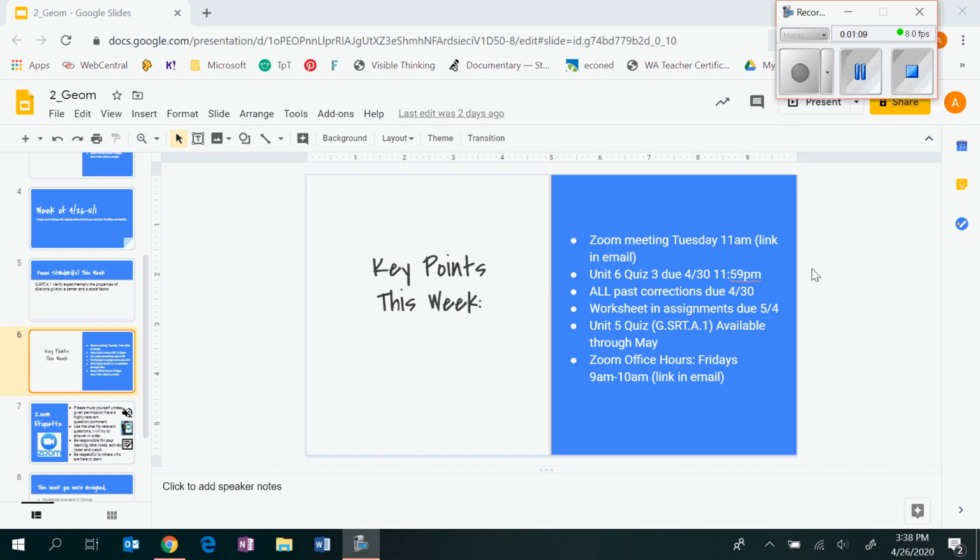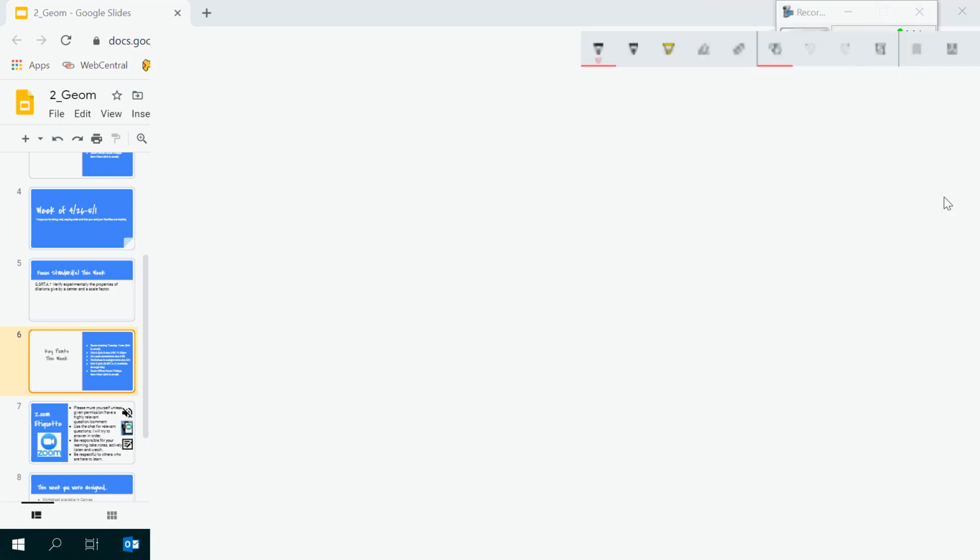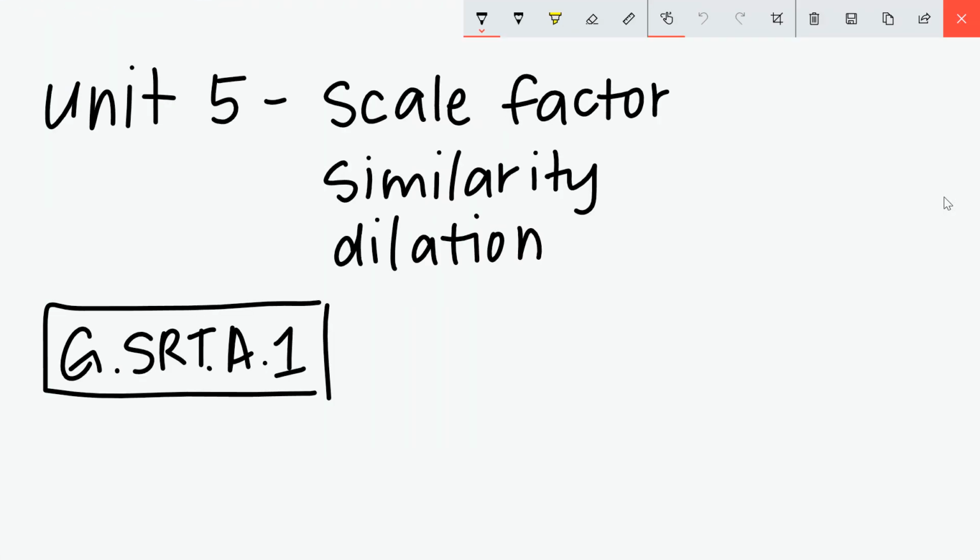Okay, with that set aside, let's get started on our content this week. As I said, we're looking back at Unit 5, GSRTA 1, talking about scale factor, similarity, and dilation.